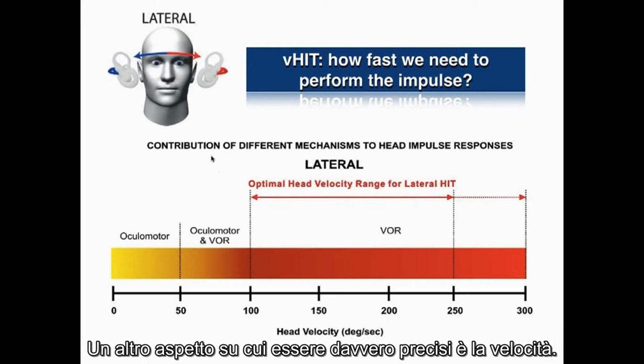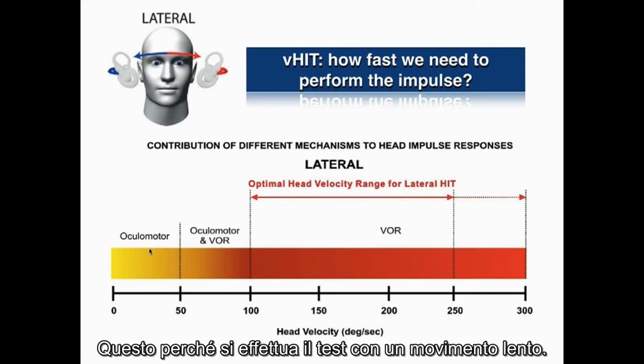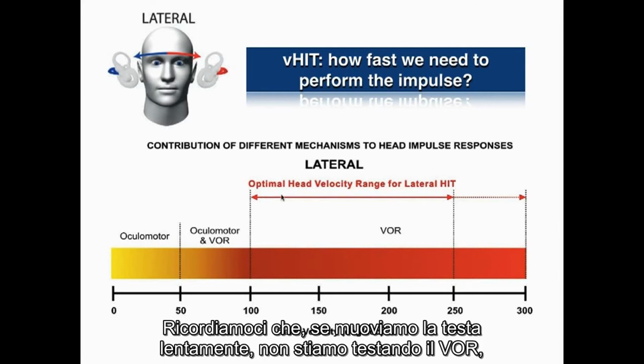Another thing that we should do very precisely is the velocity. When we just started doing the video head impulse test, one of the most common errors is that people do the test at a very slow velocity. And we have to remember that when we move our head at a slow velocity, you're not testing the VOR.